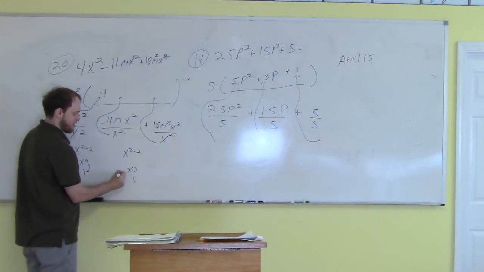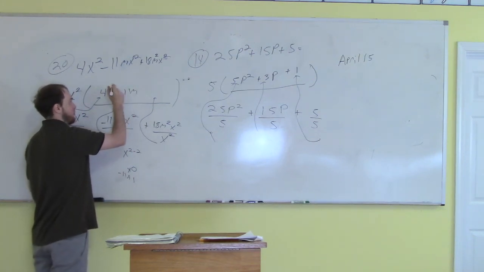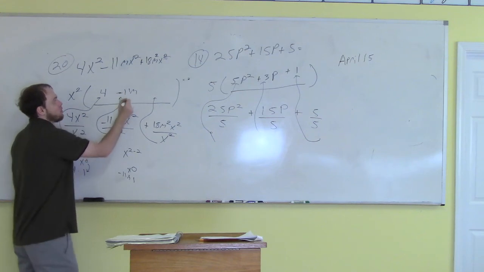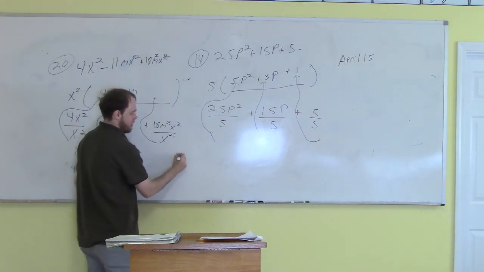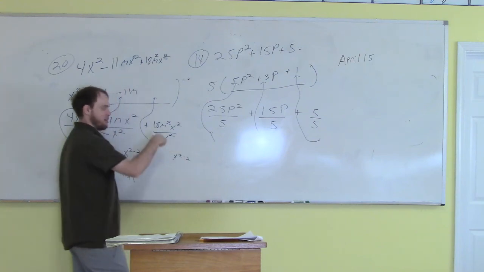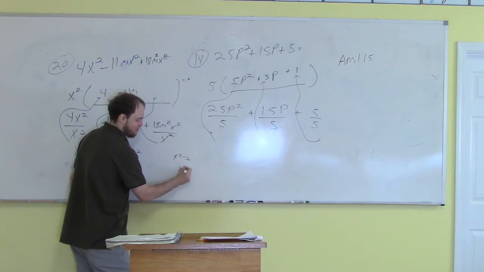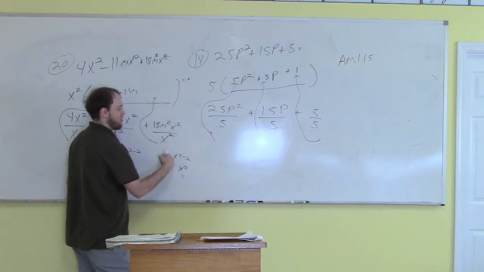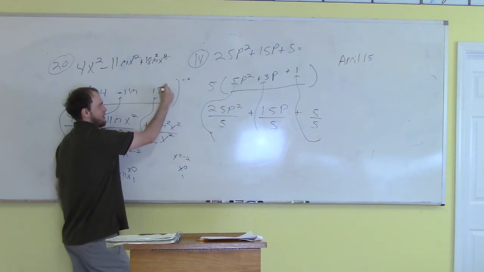So 1 times negative 11m is just negative 11m. And then over here, we're going to do again the x squared minus 2, because when you divide, you subtract exponents. And so again, that is going to be x to the 0 power, which is 1. And then you're going to do 1 times the 18m, and so it would be 18m.